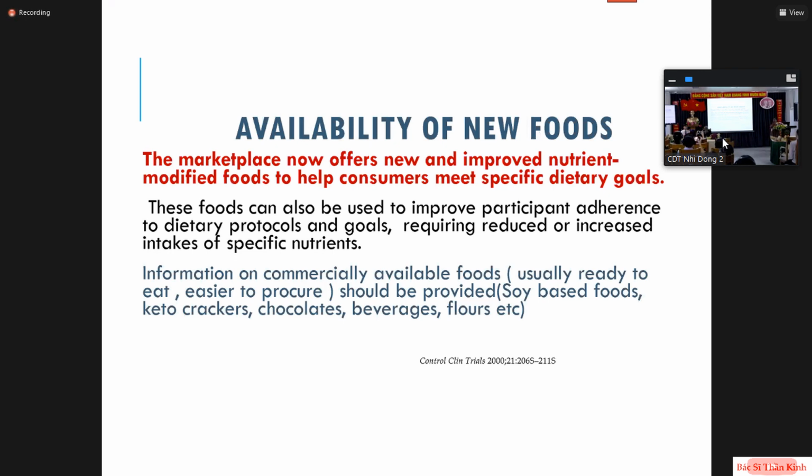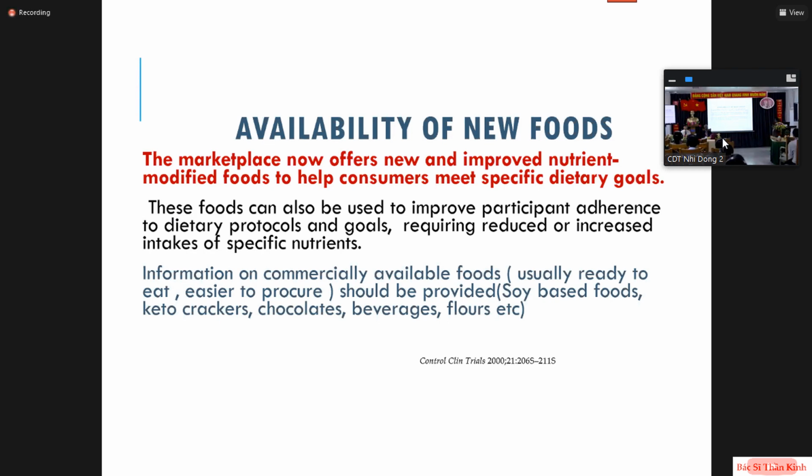Another very important factor is that there is a lot of availability of new foods in the market. It's the responsibility of the ketogenic team, or maybe the dietitian in particular, to inform the patients and the caregivers about all the possible new foods in the market. It shouldn't be that you have a patient whom you started on the diet 3 years ago and you do not give them updated information, right?